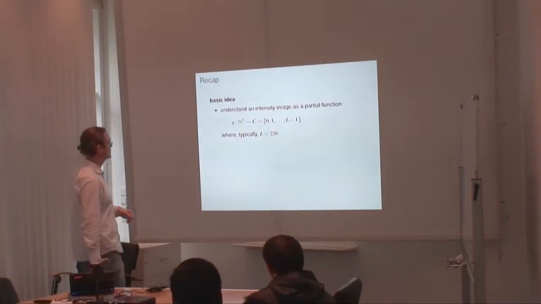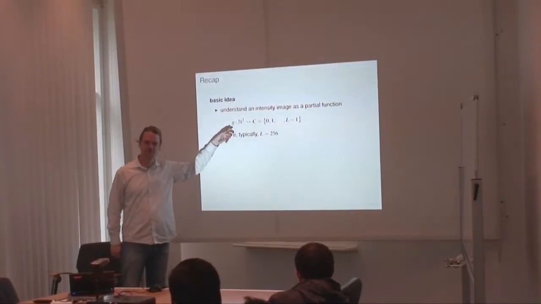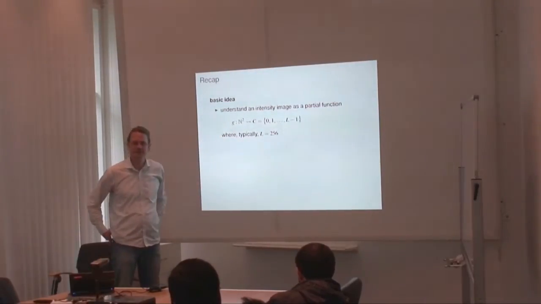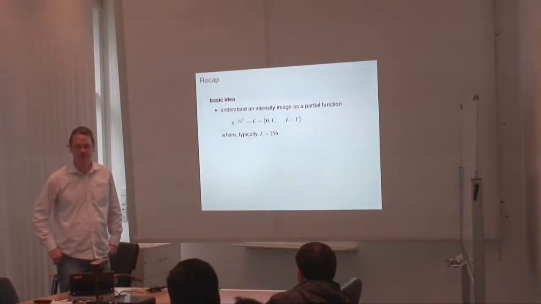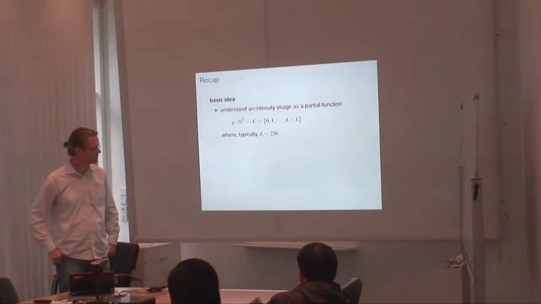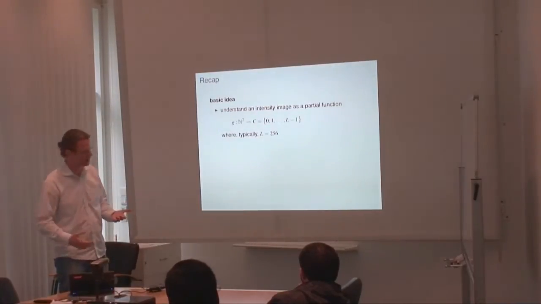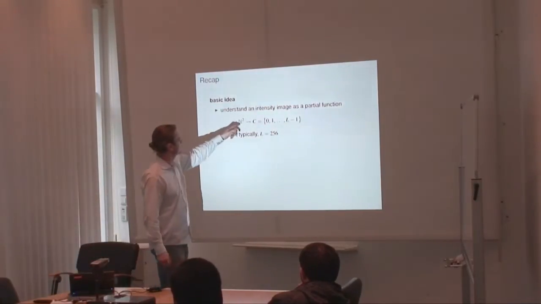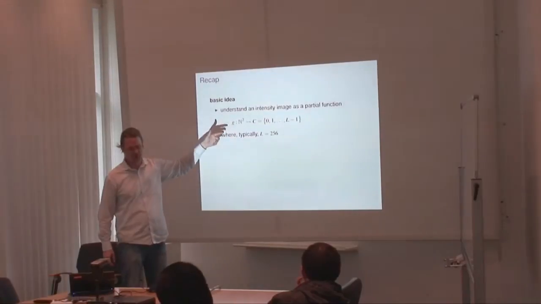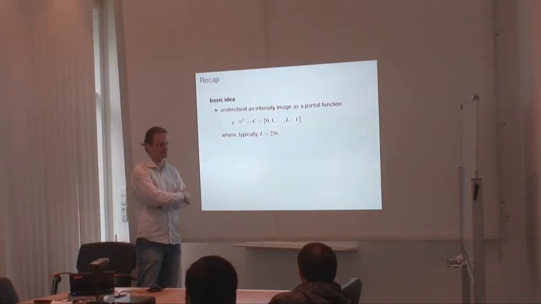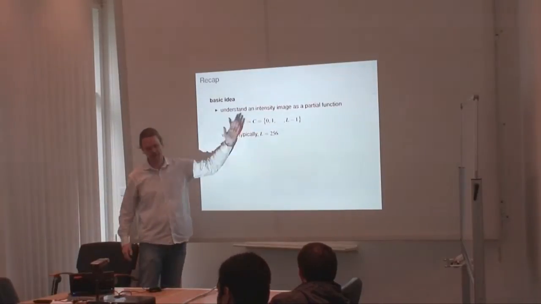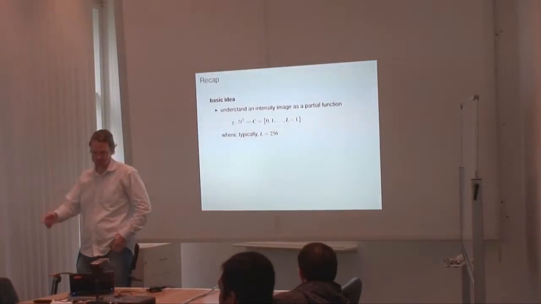So one coordinate might be 52 billion and the other 80 trillion, and that would be a very, very large image. We typically don't deal with images of that size, so in that sense it's a partial function. It takes x and y coordinates, or i and j coordinates, however you like to call them, and some of them are assigned an intensity value, but not all of them, so it's a partial function.